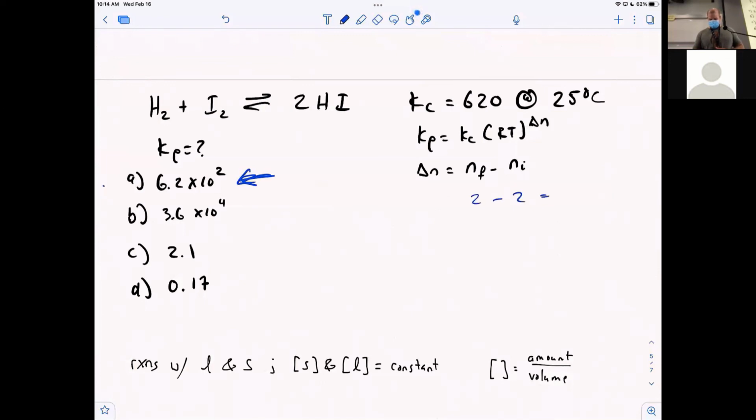Initial, you have 2. The delta N is 0. And that means Kp is Kc times RT to the 0, which is Kc. So in this case, the Kp and the Kc are the same thing. If you have no change in the number of moles, then that RT value goes away because anything raised to the 0 power is 1.